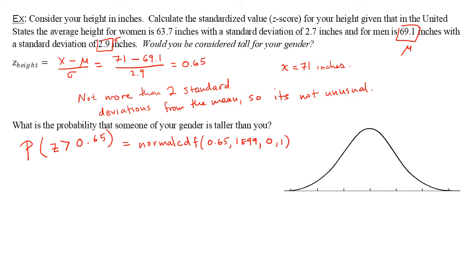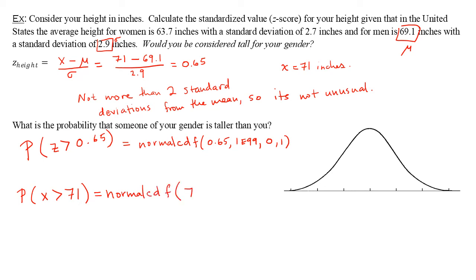and a 0 and a 1, since here I'm using z-score. On the other hand, if I were to use my height, which was 71, I would use x is greater than 71 to find the probability that x is greater than 71. I would now translate this differently. So we'll still use the normal CDF function.